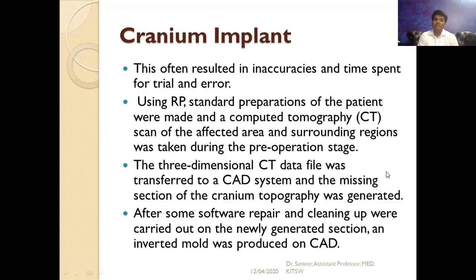Then the three-dimensional CT data file was transferred to a CAD system and the missing section of the cranium topography was generated.